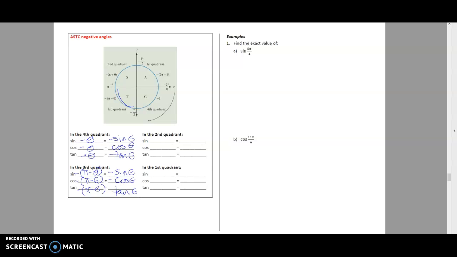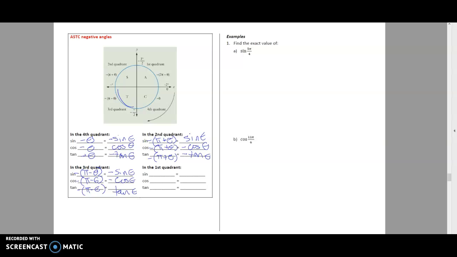Second quadrant is minus pi plus theta. And so that gives us sine theta being positive in that quadrant, cos being negative, tan being negative.